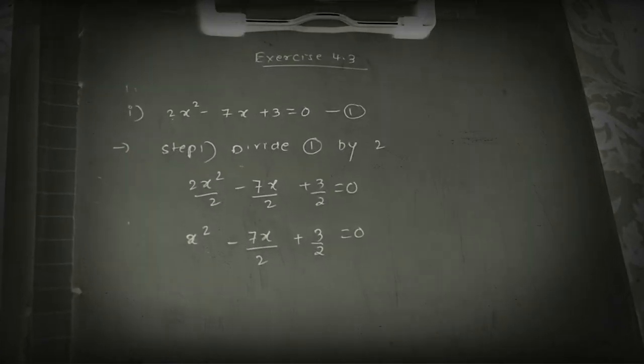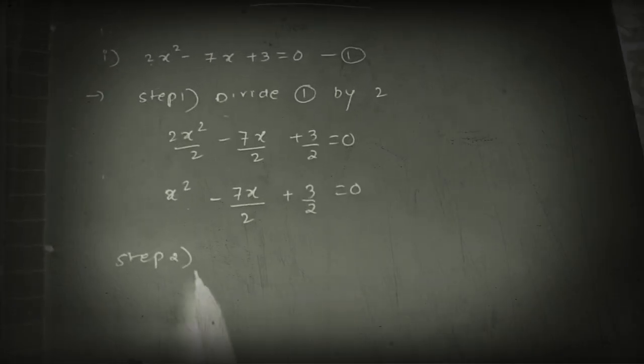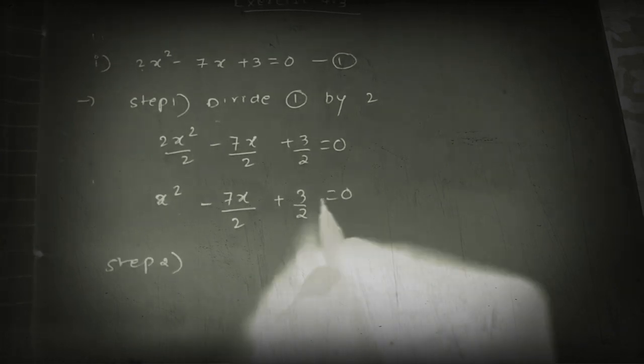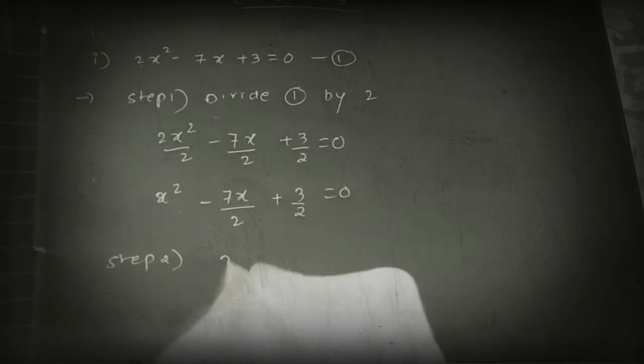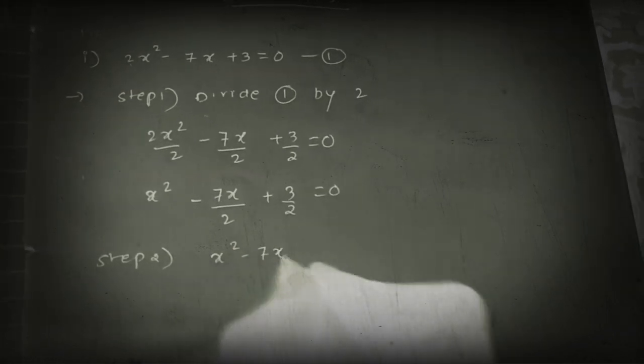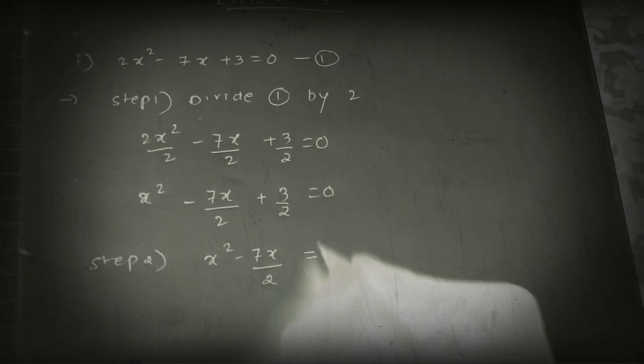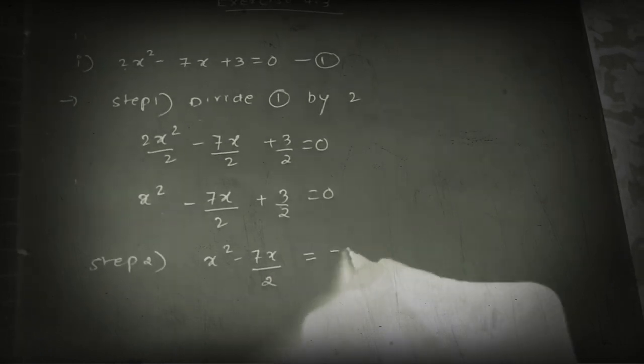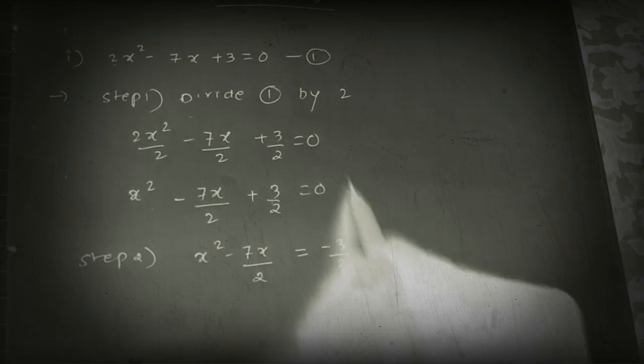Now the second step. Before the second step, you can send this constant term to the other side. So x² minus 7x divided by 2 equals, plus 3 by 2 will be minus 3 by 2 if we are shifting it to this side.